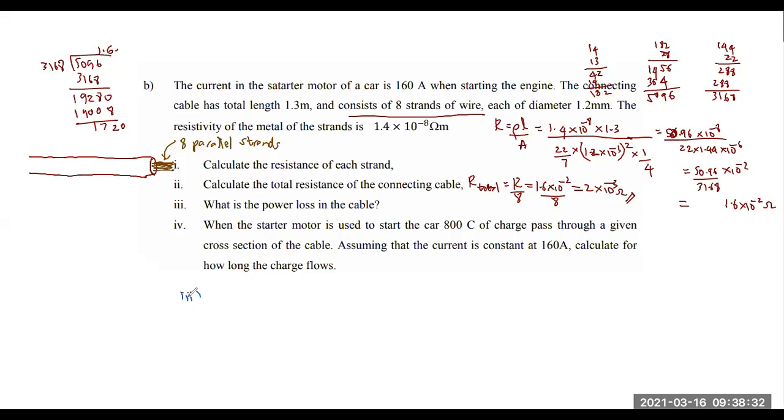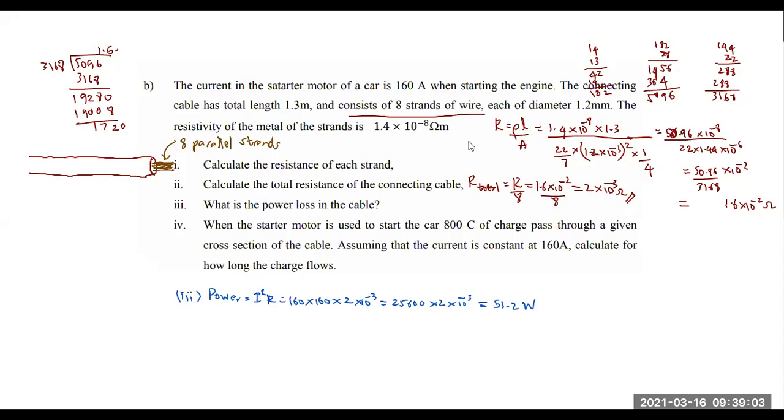Roman 3. 160 into 160 into 2 into 10 to the power minus 3. 16 into 16 is 256. 25600 into 2 into 10 to the power minus 3. Final answer, 51,200, okay, 51.2 watt.